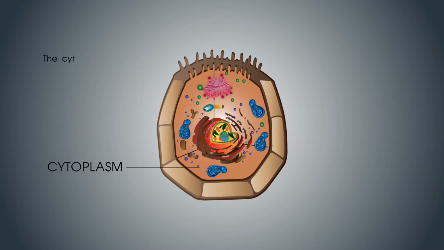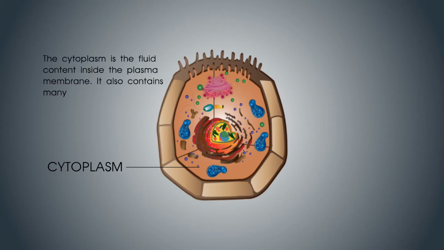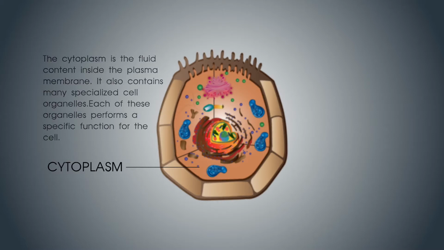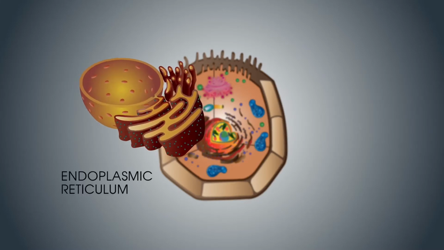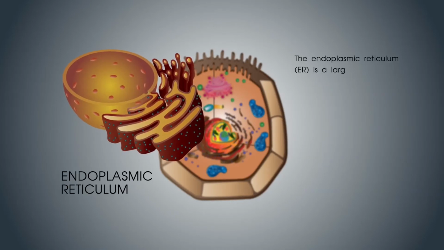Cytoplasm. The cytoplasm is the fluid content inside the plasma membrane. It also contains many specialized cell organelles. Each of these organelles performs a specific function for the cell. Some of the organelles are called endoplasmic reticulum. The endoplasmic reticulum is a large network of membrane-bound tubes and sheets.